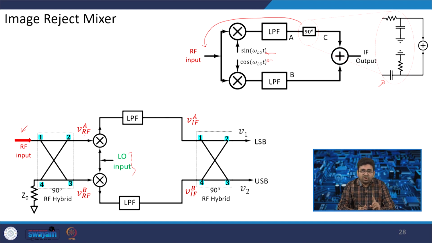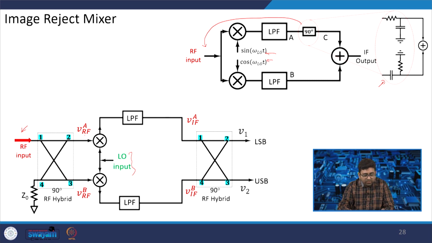You can also make a design where LO is quadrature and RF is single ended, and LO is multiplied with the quadrature. But the advantage here is that your RF will also be matched, as we have discussed in the last mixer, that is, the balanced mixer.